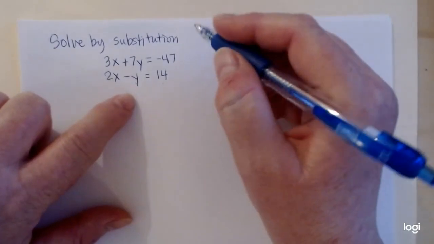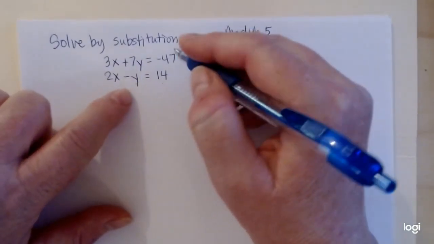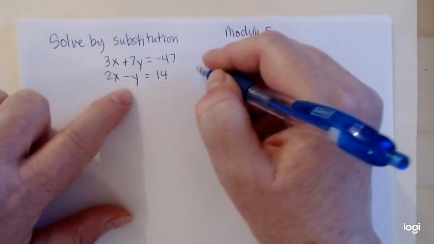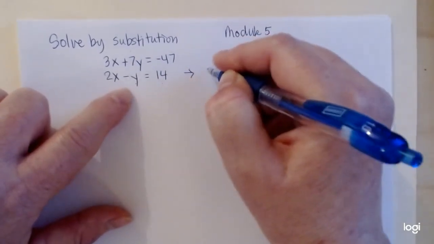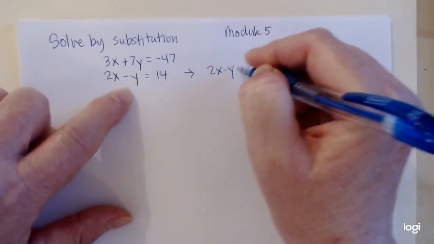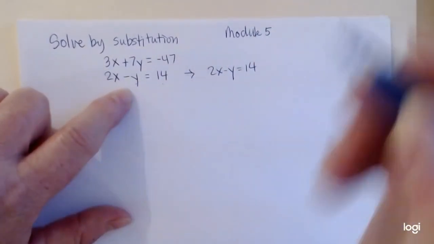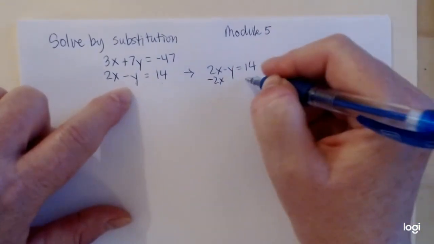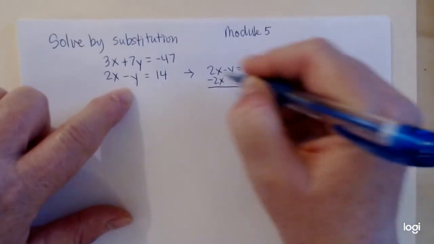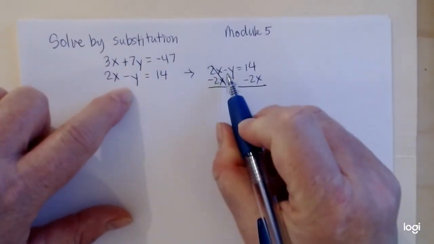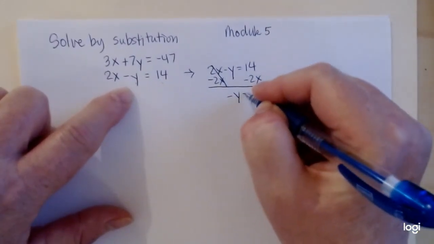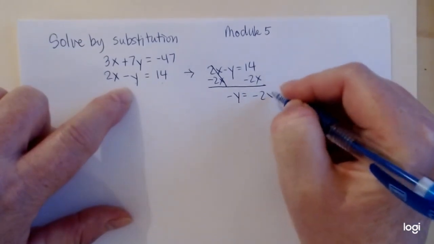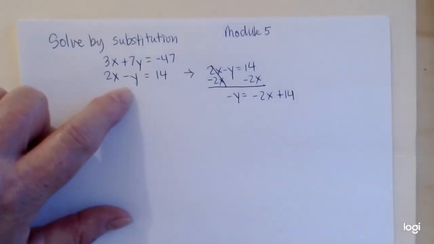First of all, I'm going to write this equation over here to the side. So I have 2x minus y equals 14. I'm going to subtract 2x from both sides to get it over to the other side. So now what I have is -y on this side equals -2x plus 14.